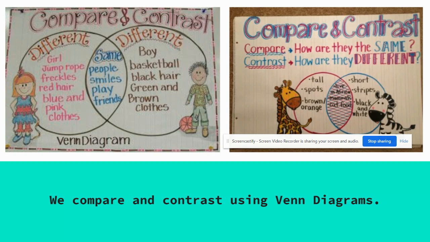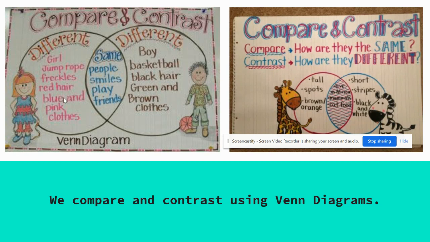And one thing that we can use to help us compare and contrast is a Venn diagram. A Venn diagram is made up of circles. In this case, we're going to be using two circles to compare and contrast the Japanese culture with your own culture.